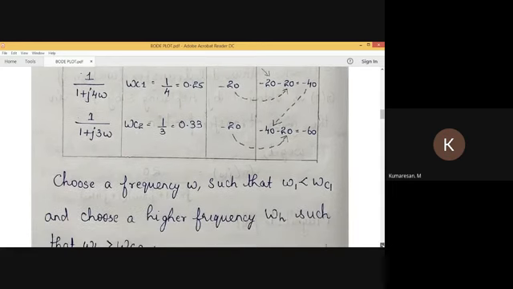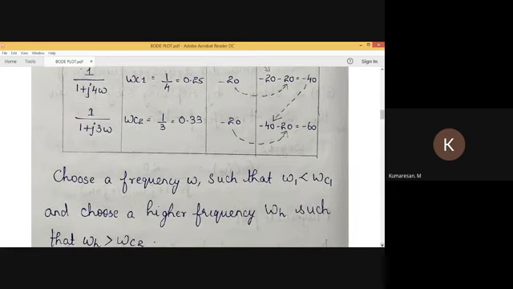Second, we already know that the lower corner frequency is 0.25 radian per second and the higher corner frequency is 0.33 radian per second.